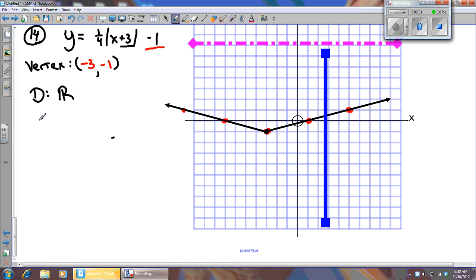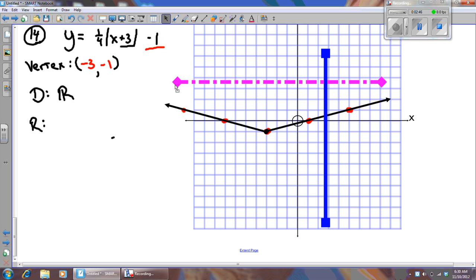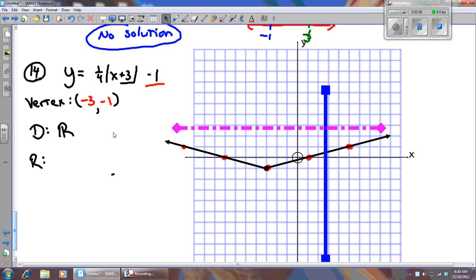Now my range, I'm going to test that with a horizontal line. If I was up here, would the V come up and intersect this magenta line? Sure would. Eventually, if I extended it long enough, it would cross. So I'm hitting all these y values up here. Maybe I should scroll up just a smidgen. There we go. We can see that's the y-axis. Get yesterday's work out of the way.